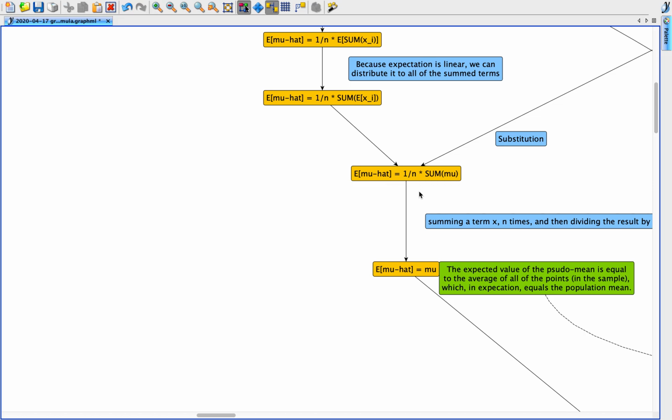Because we might have a distribution with one really far out outlier, and it only gets brought into a sample very rarely, but when it does, it makes the mu hat of that sample much greater than the population mean.